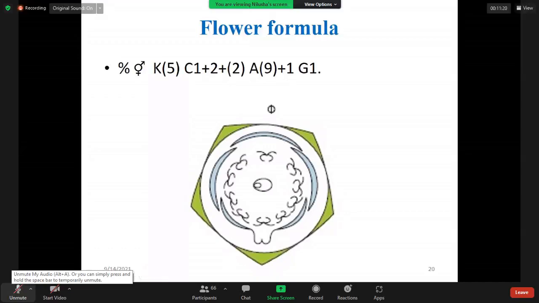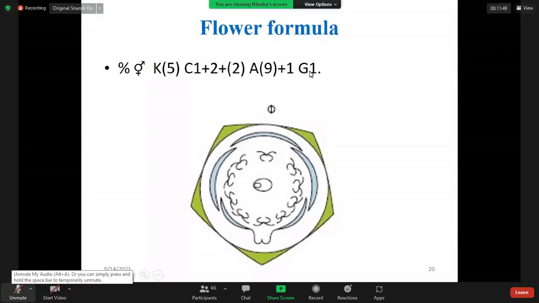One is a free stamen. Yeah, very good. 1 is the free stamen because 9 plus 1 is a total of 10 stamens. 1 stamen is free and the other 9 stamens are fused. So we write those within the bracket, and the other free stamen we write as plus 1.